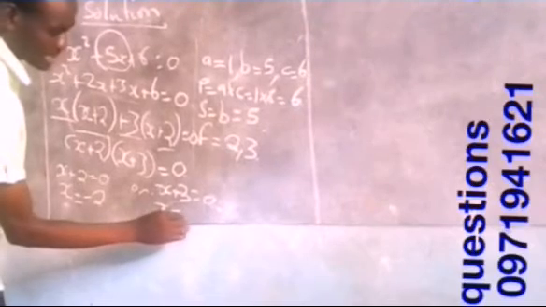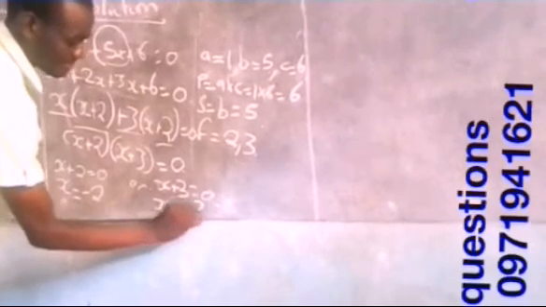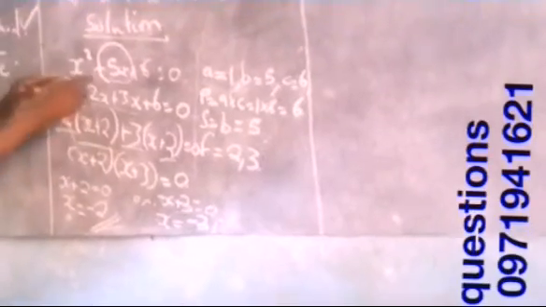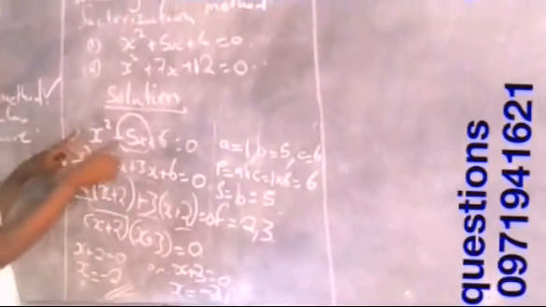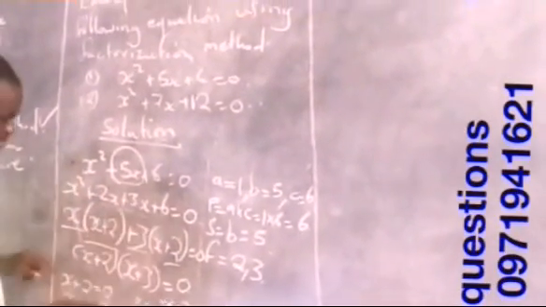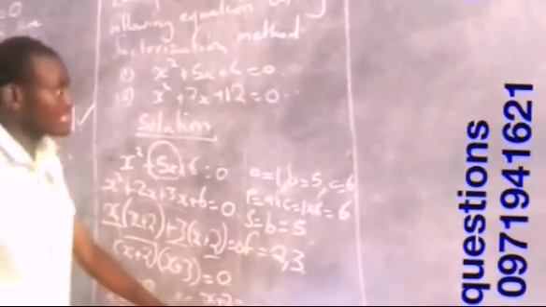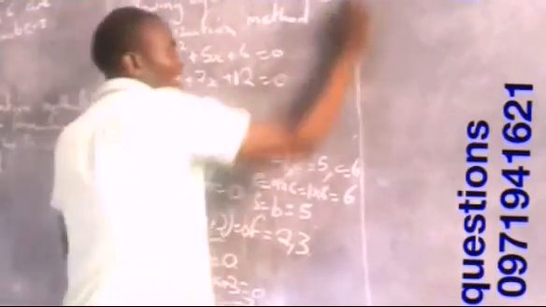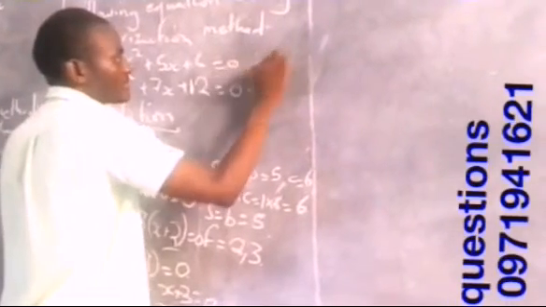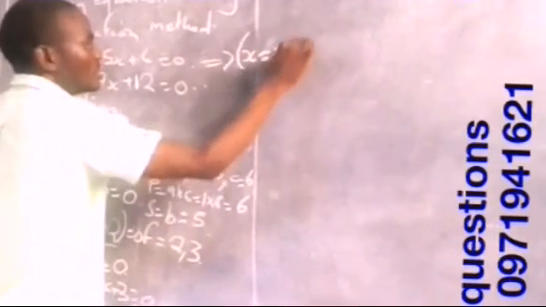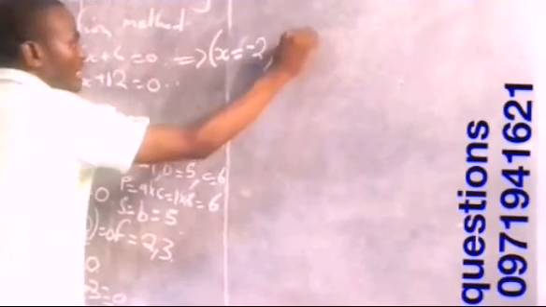Therefore, x is equal to negative 3. So for this equation, x squared plus 5x plus 6 is equal to 0, the answers are x equals negative 2 and x equals negative 3.